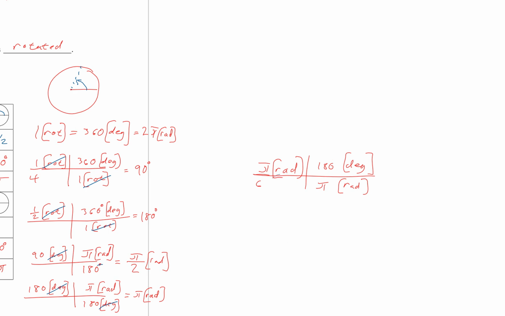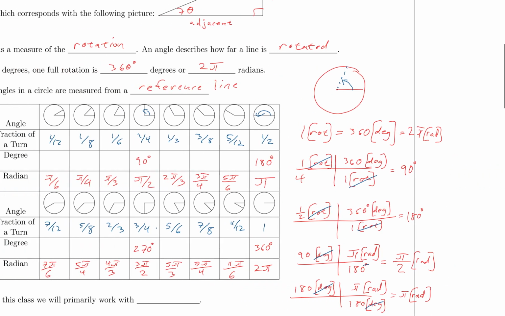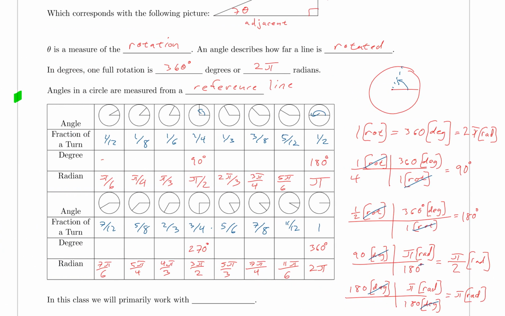And so radians cancels with radians, and the pi's cancel as well. So it ends up being simply 180 divided by 6, or more simply 30 degrees. Fill that in here. And there we got it.